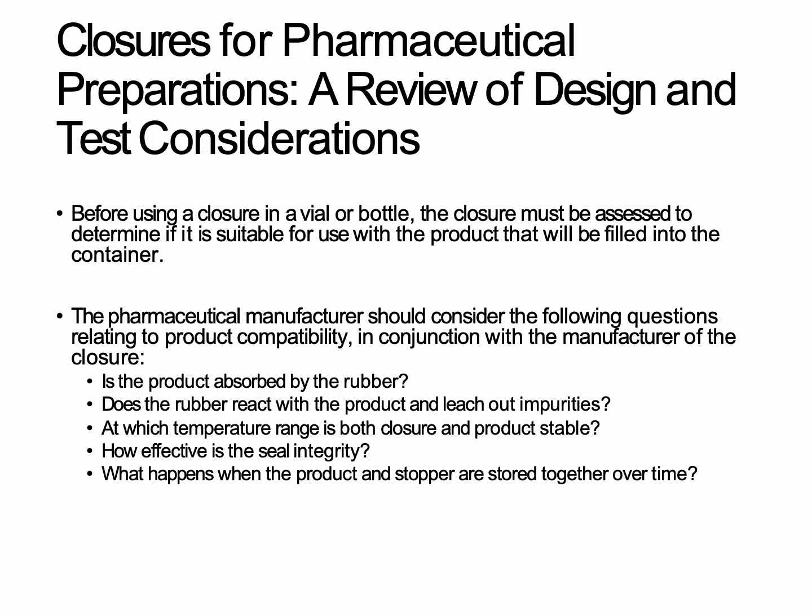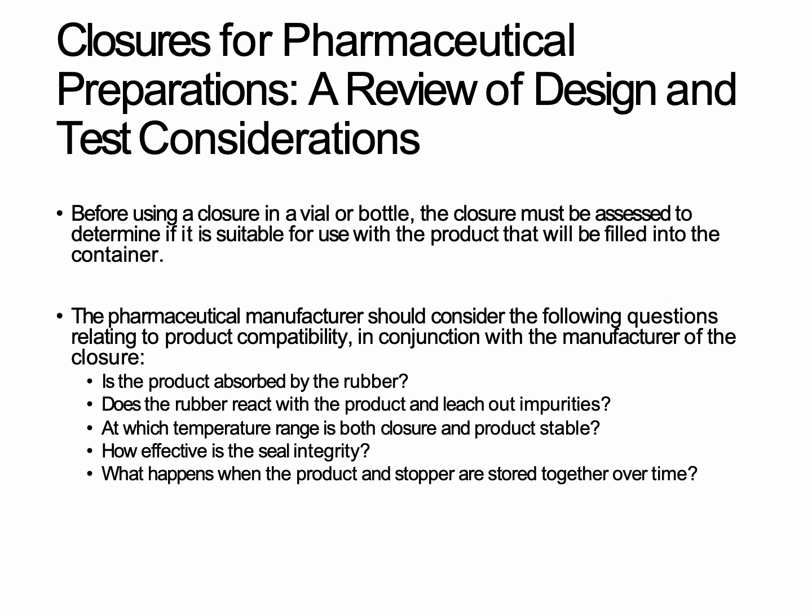So talking about the closures for pharmaceutical preparation, before using a closure in a vial or bottle, the closure must be assessed to determine if it's suitable for use with the product that will be filled into the container. So the pharmaceutical manufacturer should consider the following questions.